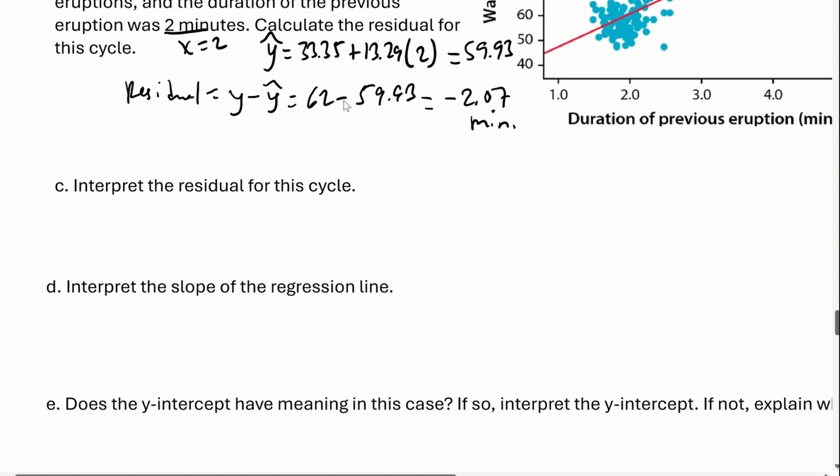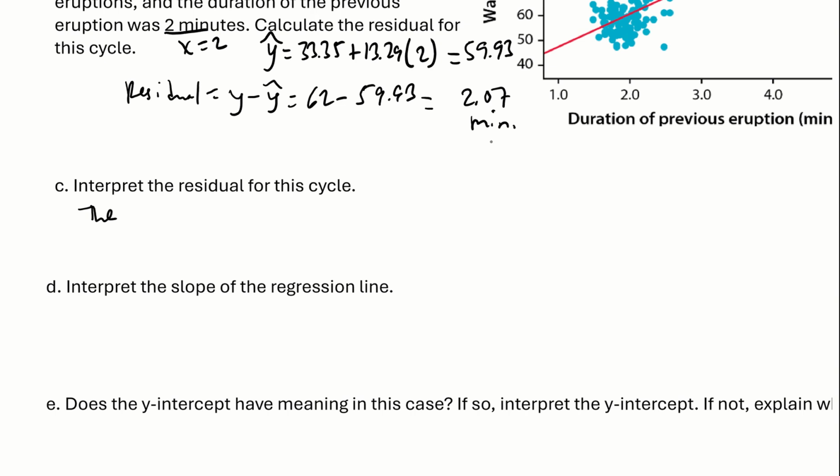Did I get positive or negative here? I'm sorry, I put negative before. That's not a negative, that's a positive number. It's positive 2.07, which means we under-predicted. So the actual wait time was 2.07 minutes longer than what we predicted.